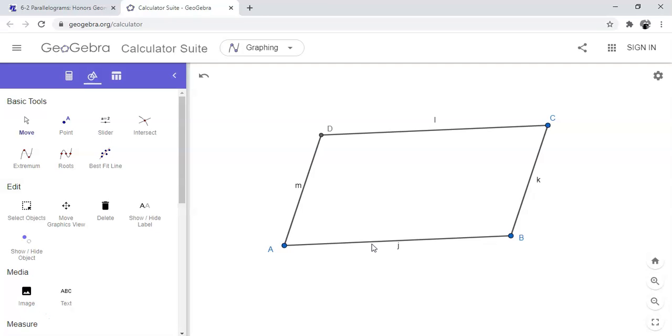So I want you to pause the video here, stop the video, and do that. So find what is true about this parallelogram on your own. And then once you have, say, 3 things maybe, you can come back and watch the rest.